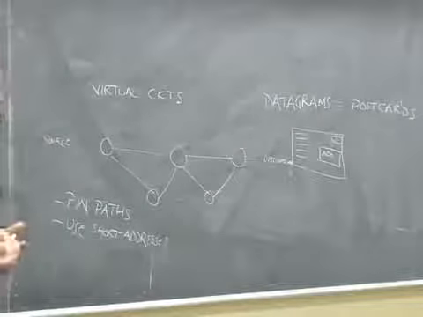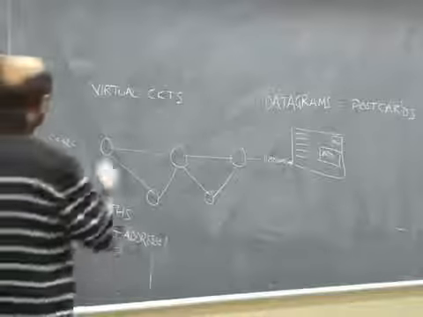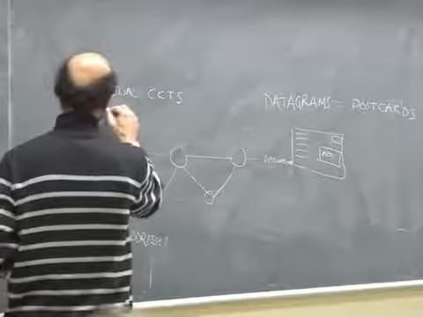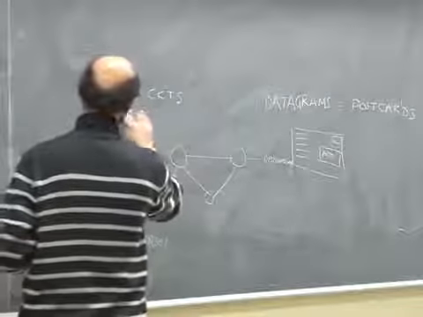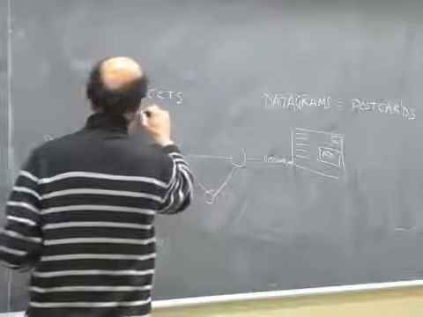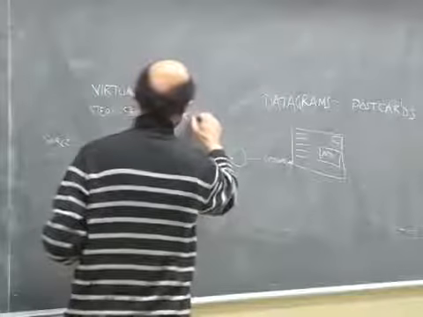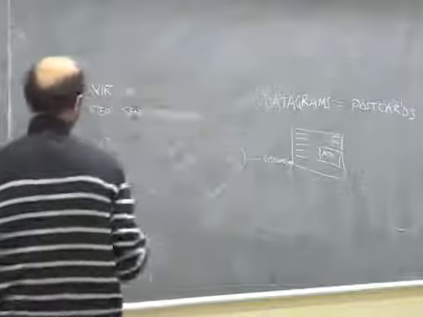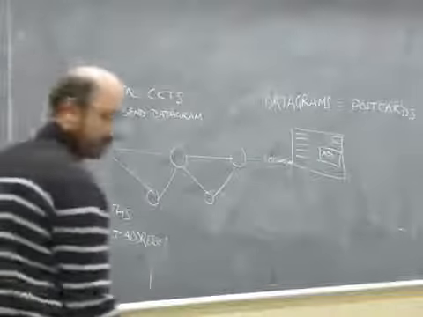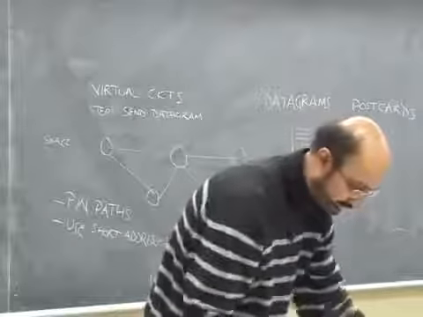First, we send a postcard. We send a datagram. So step 1, we set up a datagram along some path. Let me use my colored chalk over here.